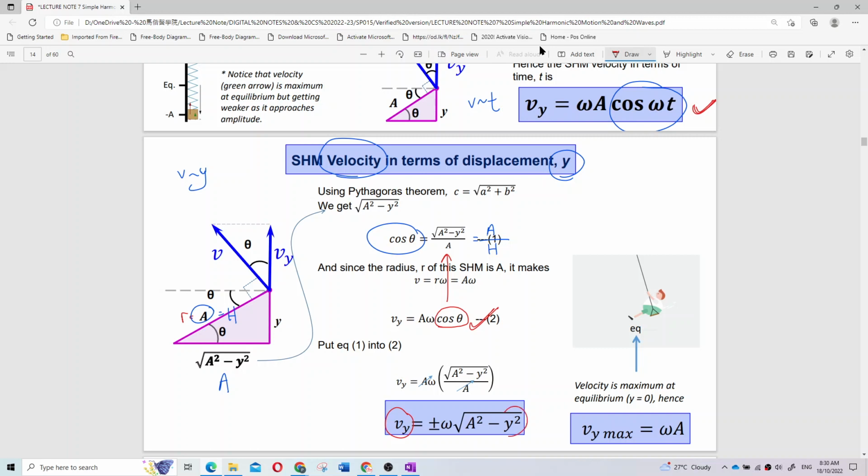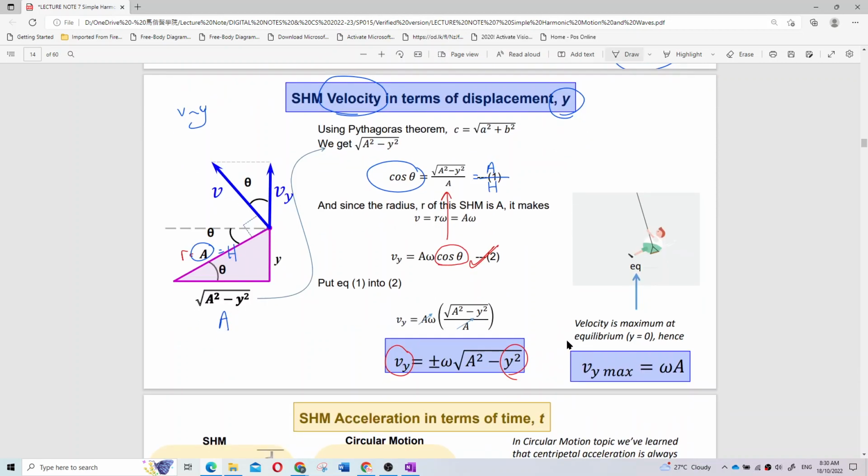You substitute this with this, and then the a and a here can be cancelled off. Then we get plus minus omega square root of a square minus y square. So this is the equation of velocity versus displacement.